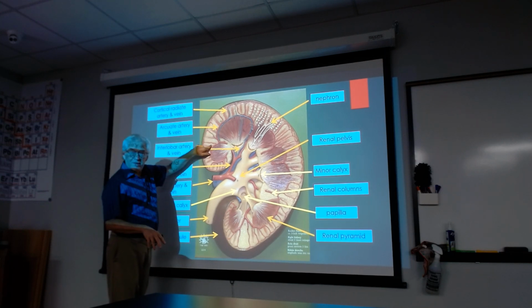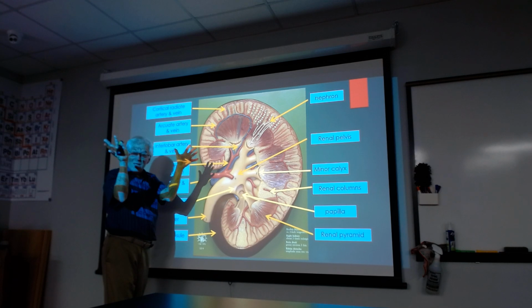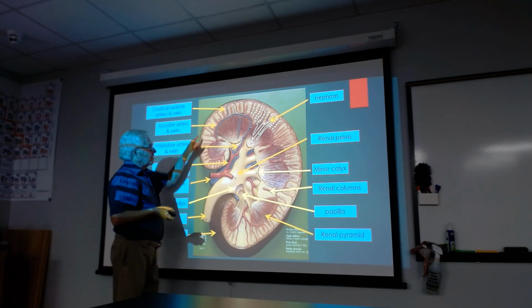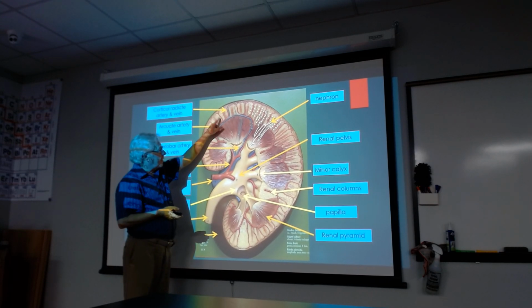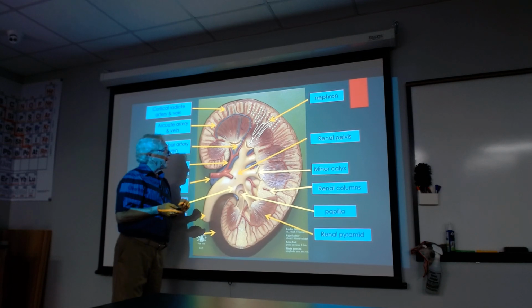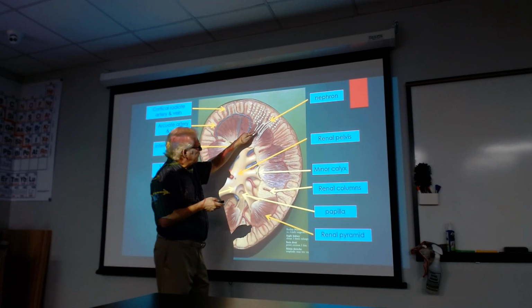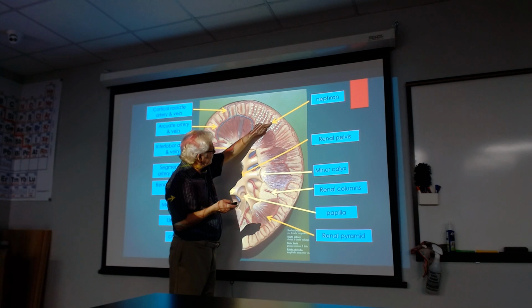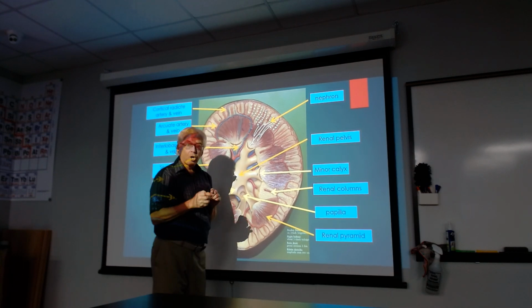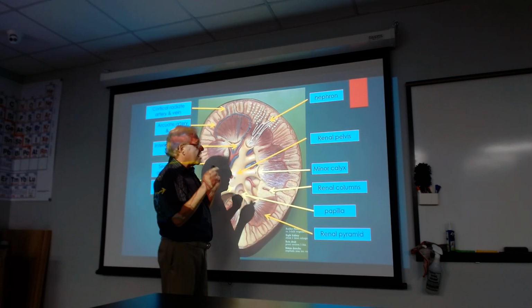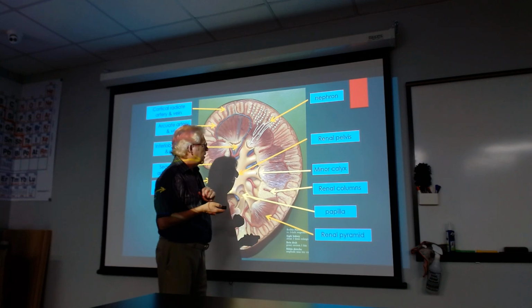Because the cortex is this, and it's radiating out like a radiation from the sun. 10-4? Again, artery red, vein blue. Okay? All right. This set of tubes, starting with this little circle, that's a working unit of your kidney called a nephron. We'll show you a close-up of the nephron in a minute.